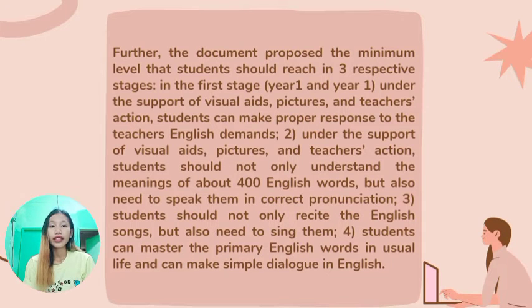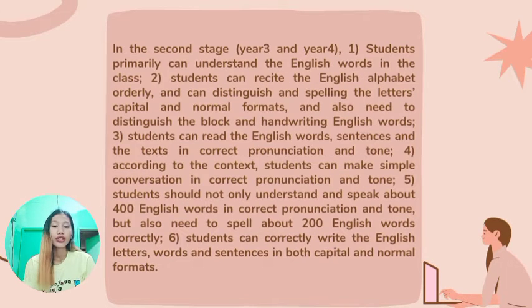Students should not only recite English songs but also sing them. Last, students can master primary English words in usual life and make simple dialogue in English. The second stage is year 3 and year 4.